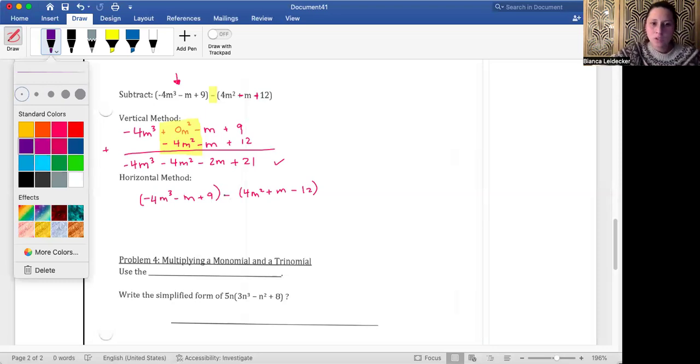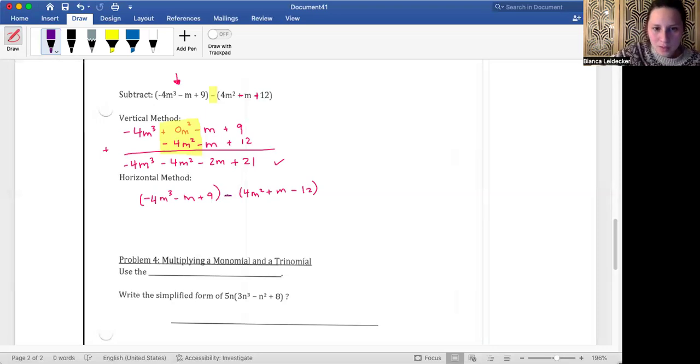We've always talked about when you're subtracting something with parentheses to distribute this negative, the subtraction sign, into everything because you're subtracting everything. And so now when I do this, I'm going to bring together my like terms, and work with my coefficients. So I'm going to bring this down, and I'm going to write this negative 4m squared. There's nothing to combine that with, so I'm just going to bring that down.